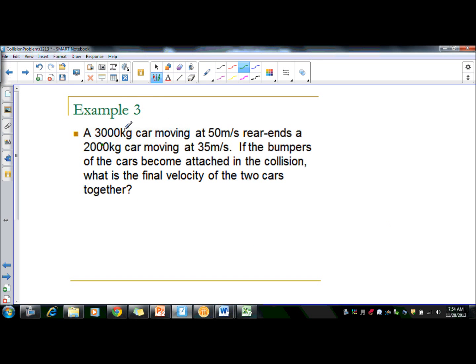So here we go. A 3,000 kilogram car moving at 50 meters per second. Okay, so we have a 3,000 kilogram, so that's M, we'll say this is 1, is moving at 50 meters per second, so that's V1 naught, because this car is moving this speed. Rear ends a 2,000 kilogram car, so 2,000 kilogram, M2, moving at 35. So this car is moving this speed, so V2 naught. If the bumpers of the cars become attached, so there is your key phrase, attached.